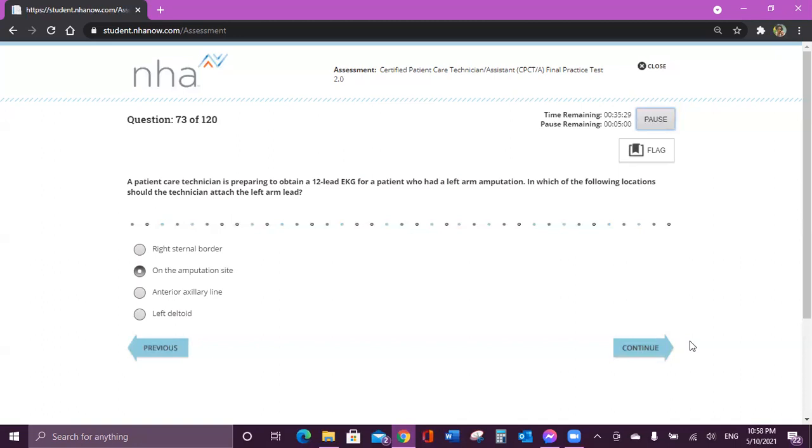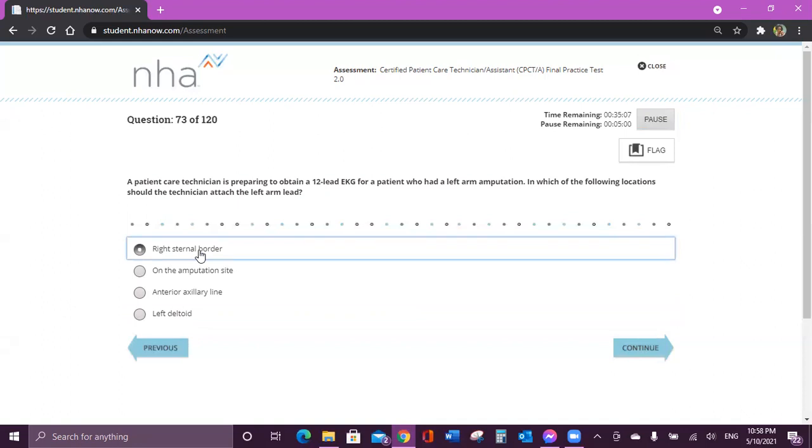The right, on the amputated side, no. Anterior axilla line, left, no, on the right. Because he has an amputation on the left.